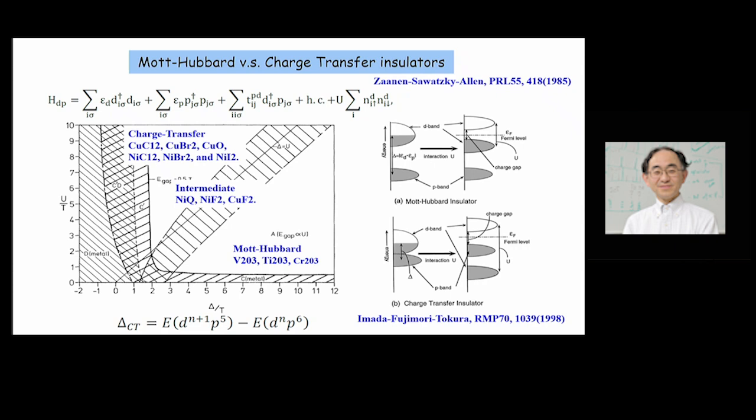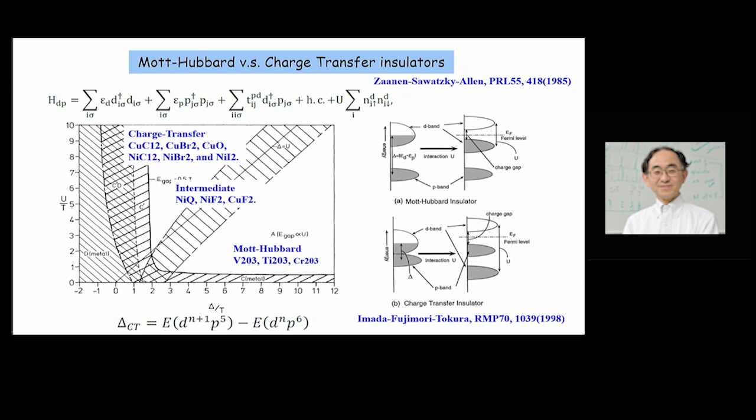When delta is large enough, delta being basically this energy, near the Fermi energy your state can be described by the Hubbard model only. This is called the Mott-Hubbard insulator: vanadium, titanium, chromium oxides.